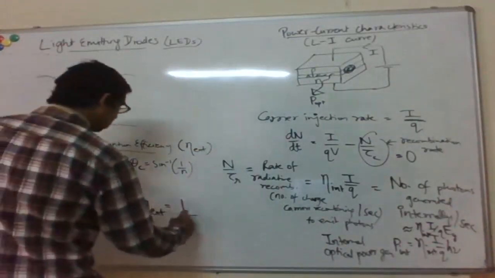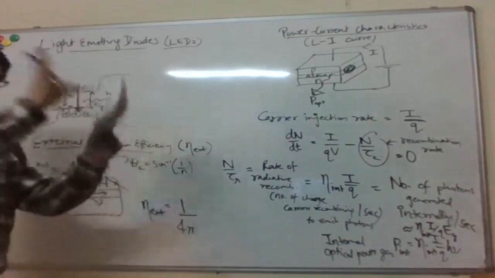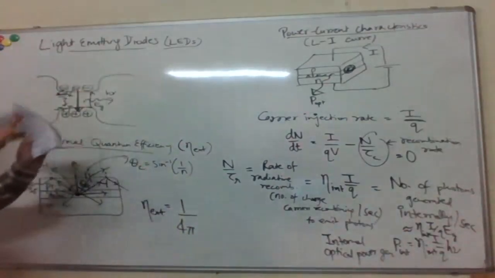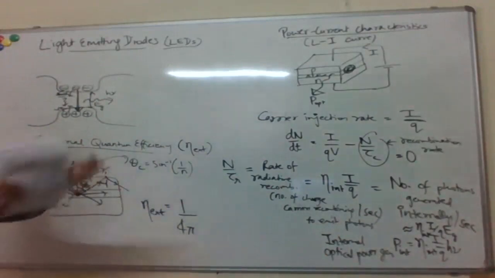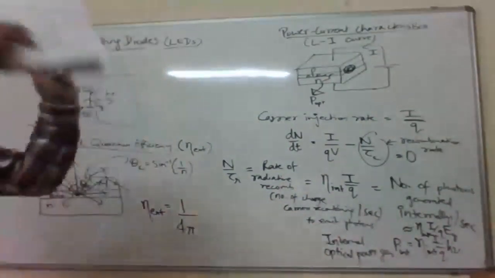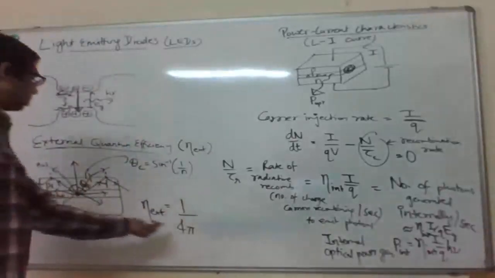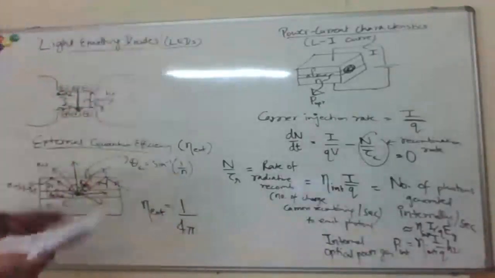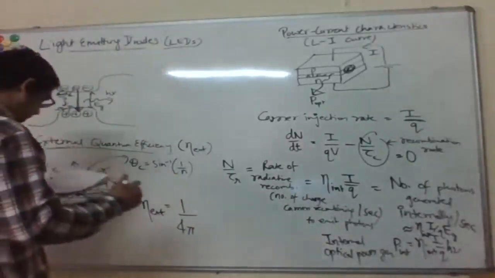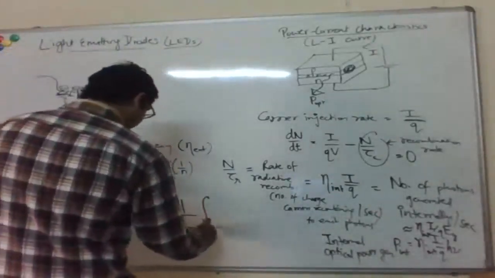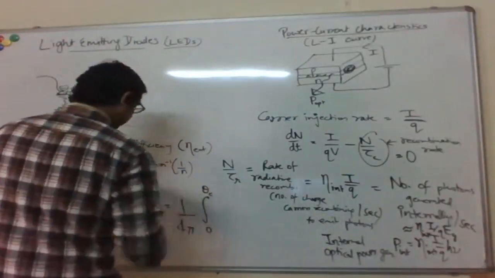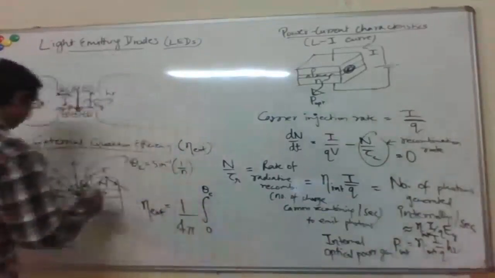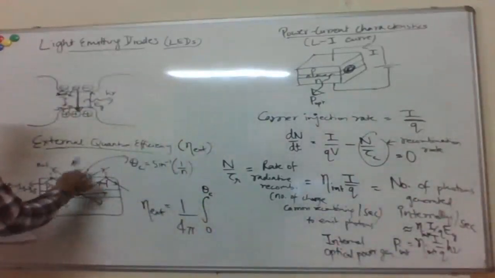Like this. The light is emitted over the whole 4 pi solid angle, so you can assume each point here is like a point source, emitting in all directions, spherically symmetric. So it's radiating over the whole 4 pi solid angle. But the angle that we are able to collect is between 0 and theta c, right? So there is some transmission coefficient.